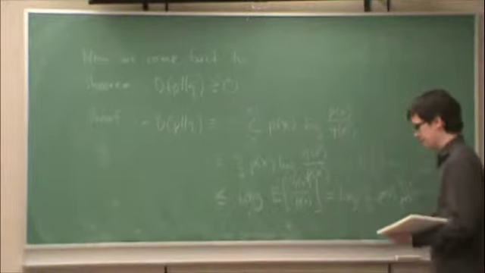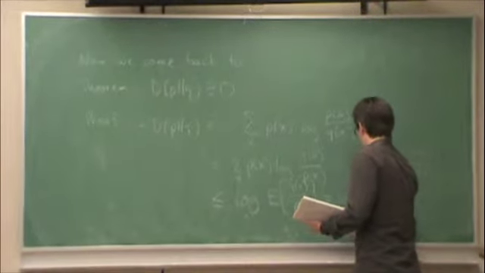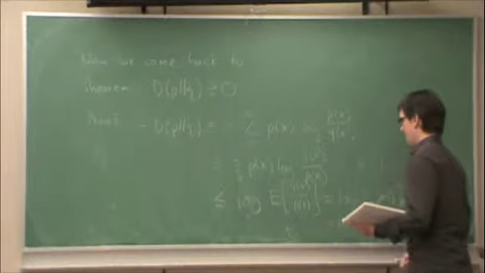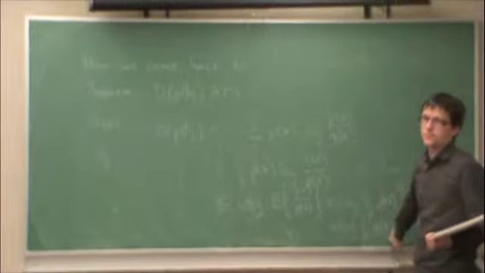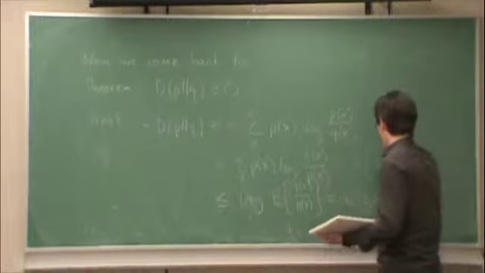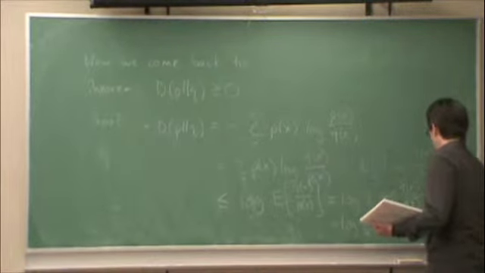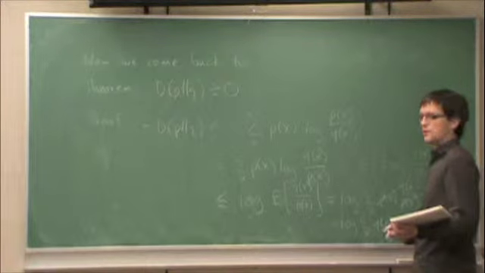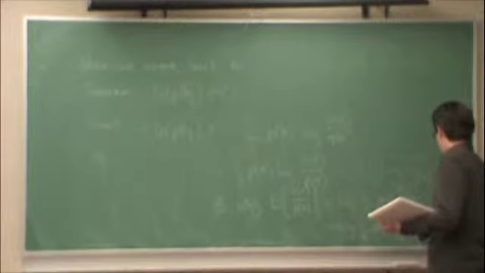So those cancel, and I get log sum over x, q of x. What is the sum over x of q of x? It's 1, because q of x is a valid probability, so the sum over all the possibilities is just 1. So this is log 1, which is what? 0. So log base anything of 1 is 0.